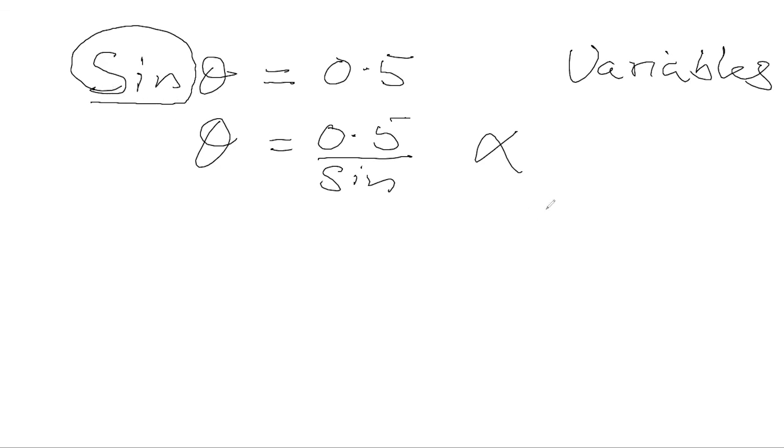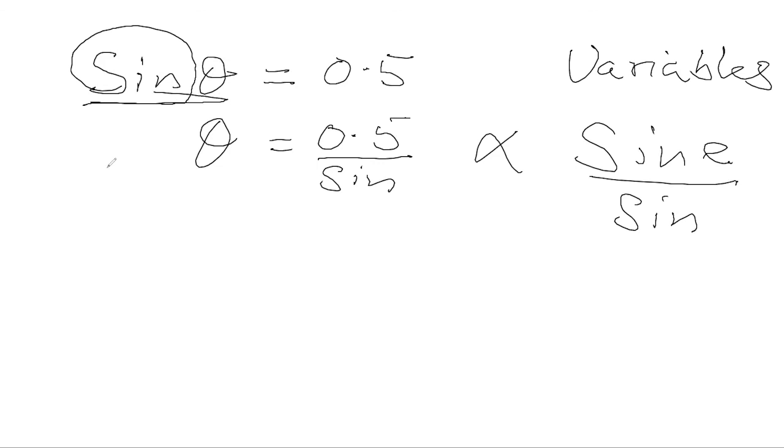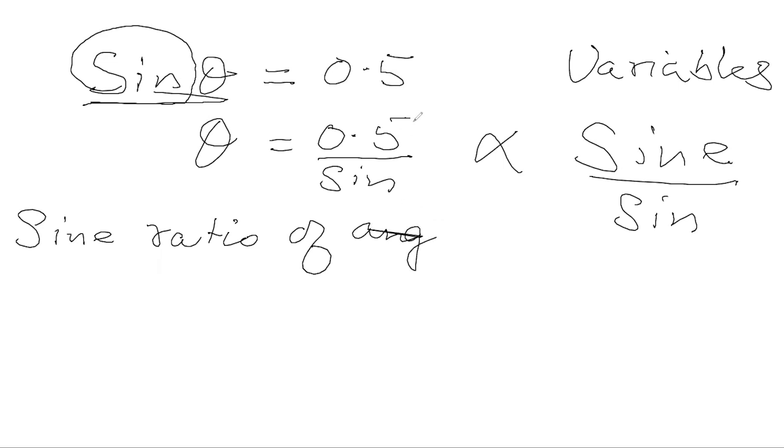This is sine, S-I-N-E. So in short, we write it S-I-N. But this is a word, not a variable. If I expand this sine theta, we can say sine ratio of angle theta.